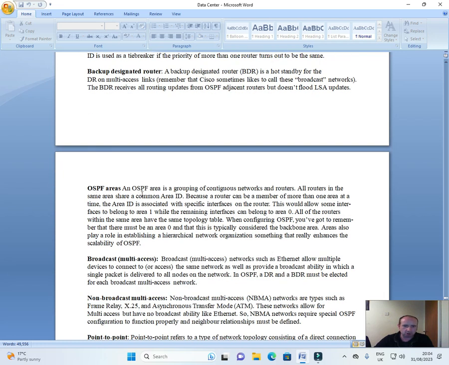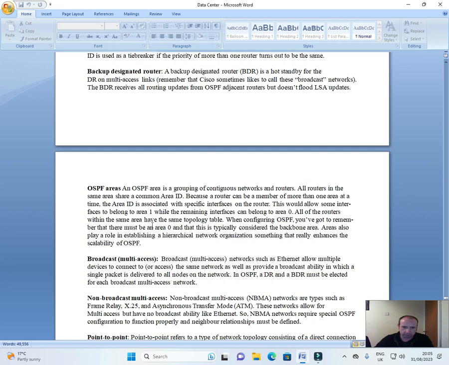OSPF areas. An OSPF area is a grouping of contiguous networks and routers. All routers in the same area share a common area ID. Because a router can be a member of more than one area at a time, the area ID is associated with specific interfaces on the router. This would allow some interfaces to belong to Area 1, while remaining interfaces can belong to Area 0.